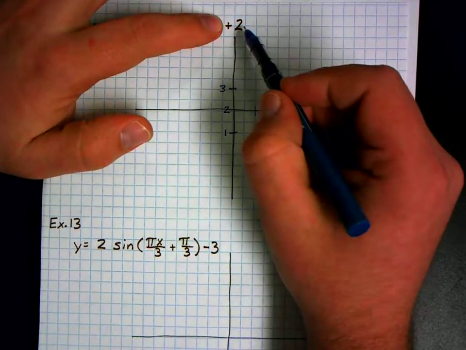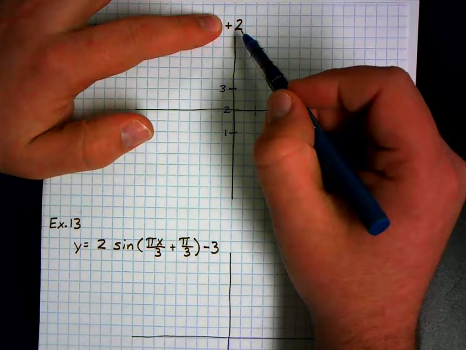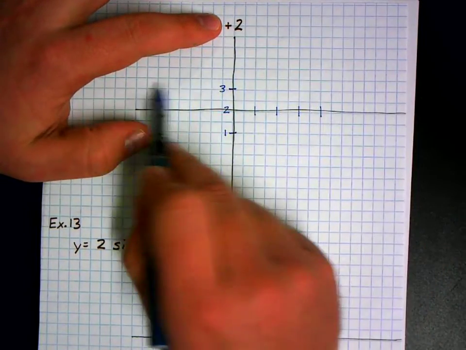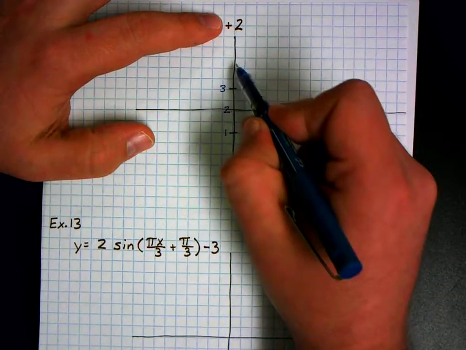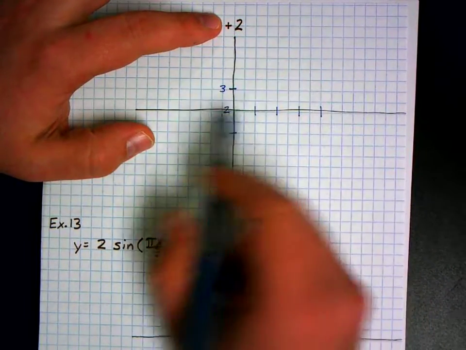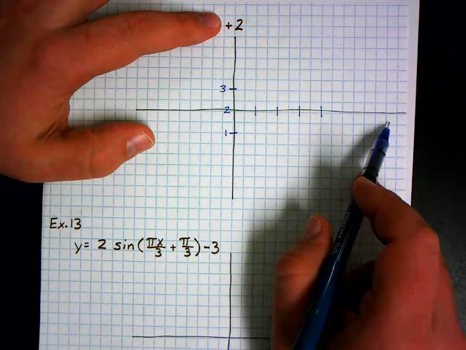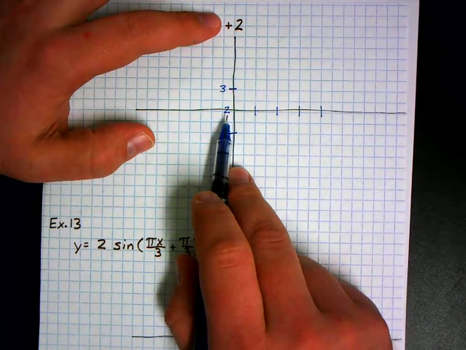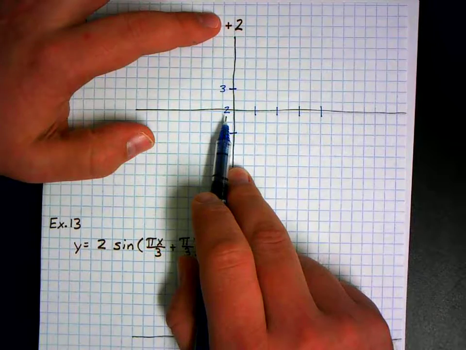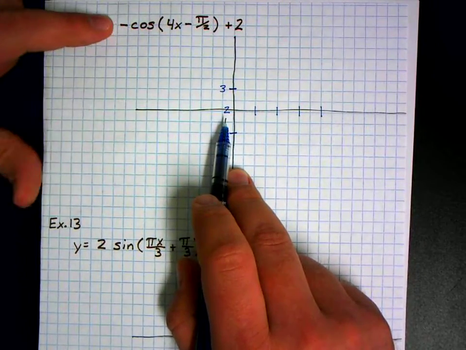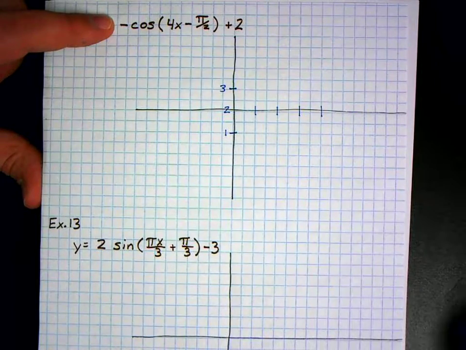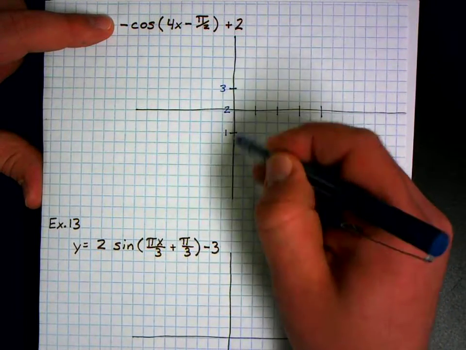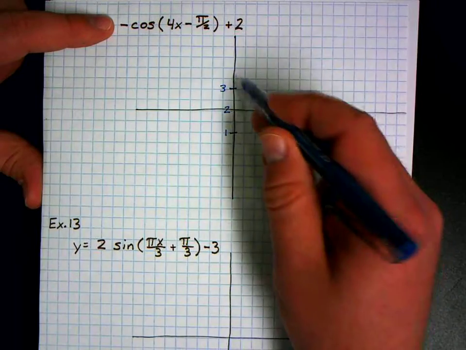My K is 2, so my whole graph's going to be shifted up 2. Well, I can either make a dotted line and start graphing up here, or I just wanted to keep it on my axis just to make it simpler for me, so I just went ahead and labeled this 2 instead of 0. My amplitude is 1. Now it's -1, which means I'm going to be graphing it upside down, but it's still 1, so that means I can label my marks here, just 1 above and 1 below.